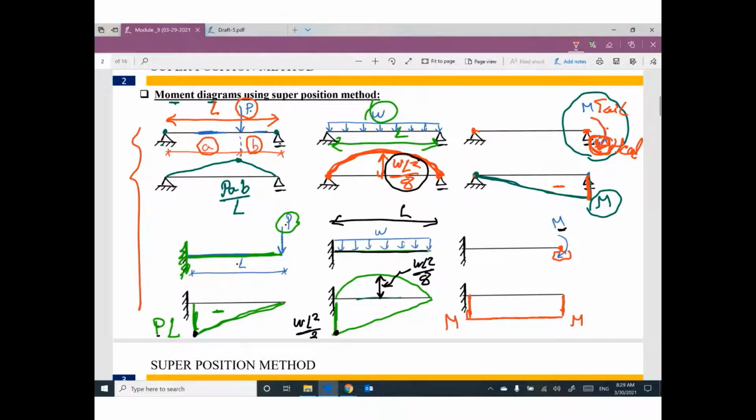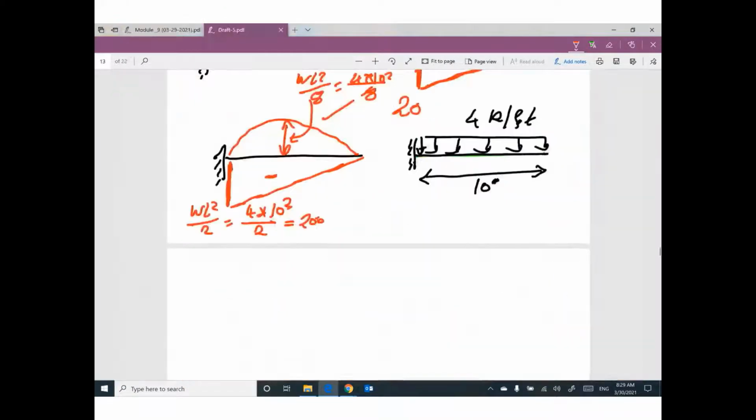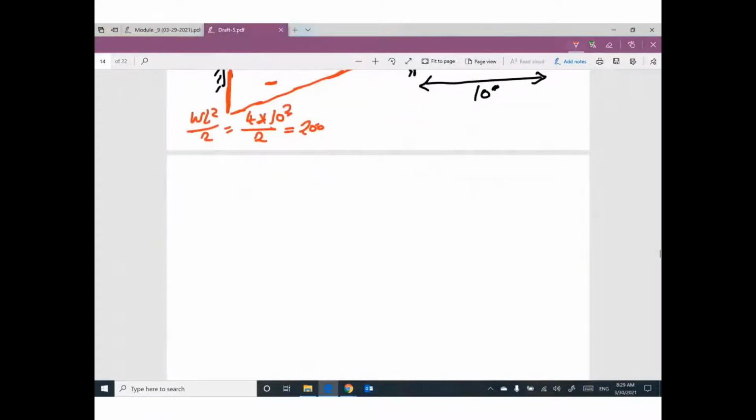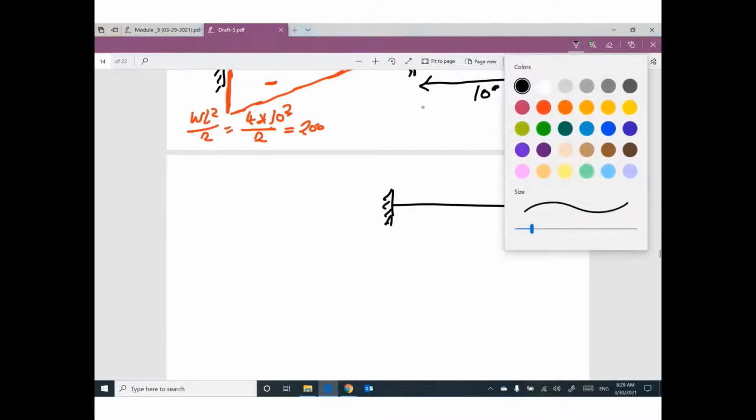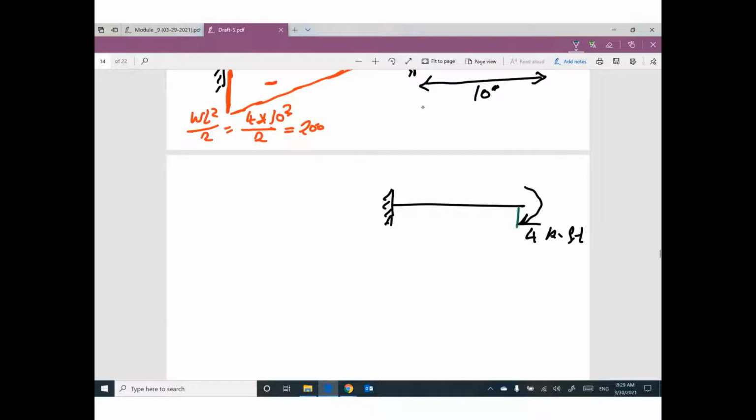For example, if you have fixed from one side and you have a concentrated moment like this, 4 kip foot, what is the bending moment diagram? The bending moment diagram will be a value here equal to 4 down because the head of the arrow is down, and this value will remain constant.